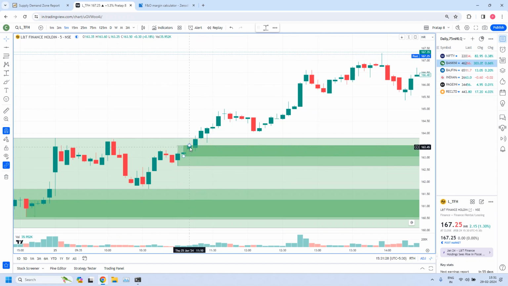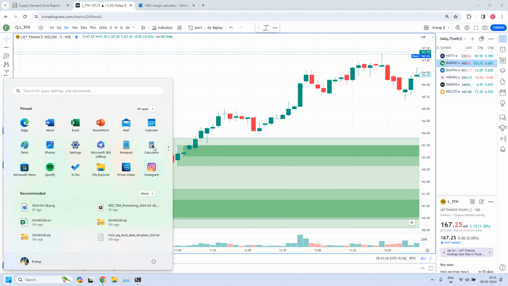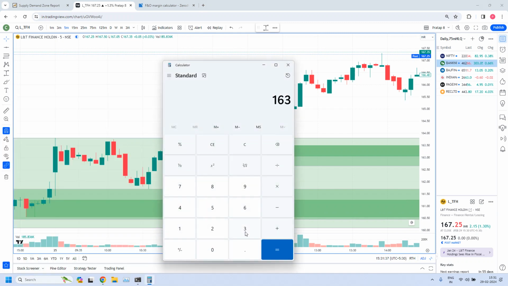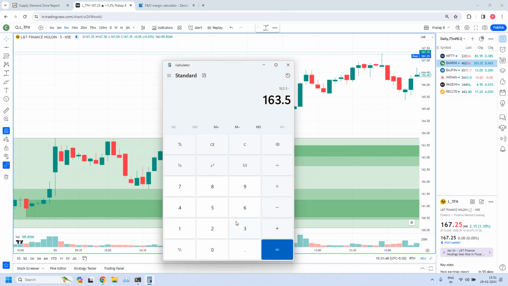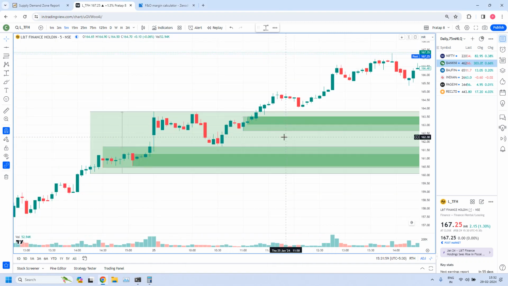That is our entry. 163.5. 163.5 minus the low of this candle, 163.05. We got a 45 paisa loss from this trade.